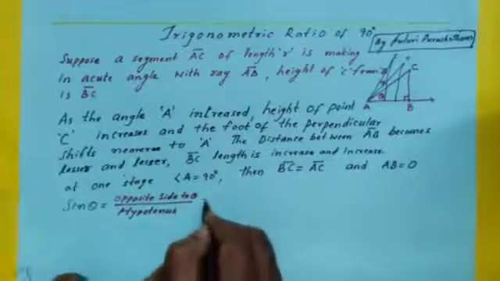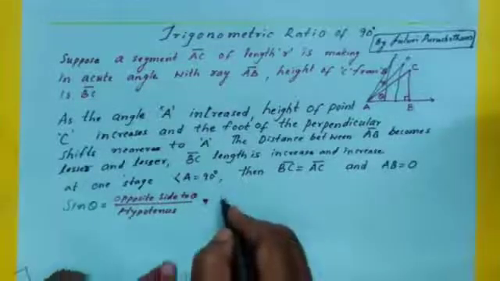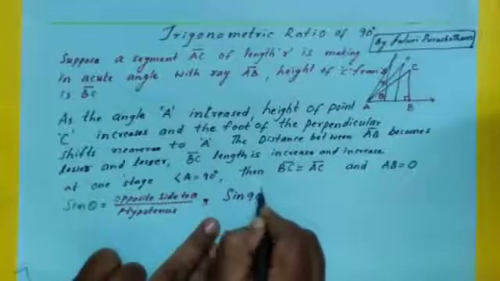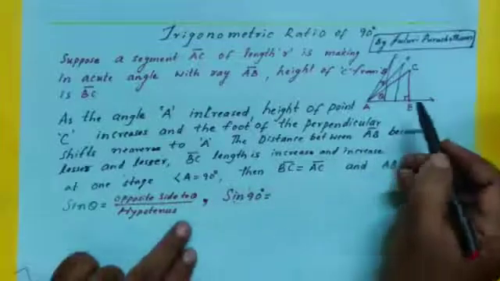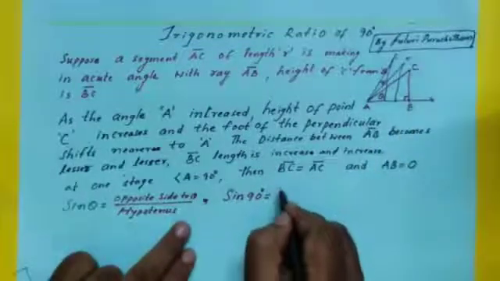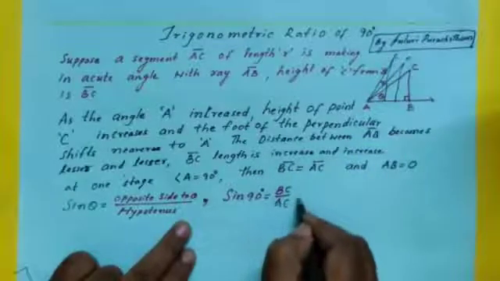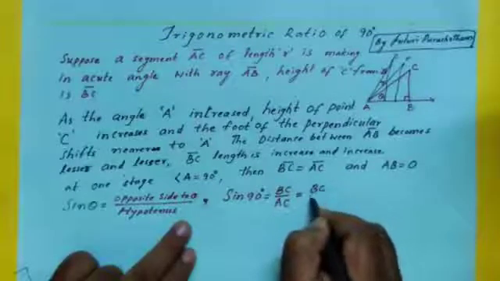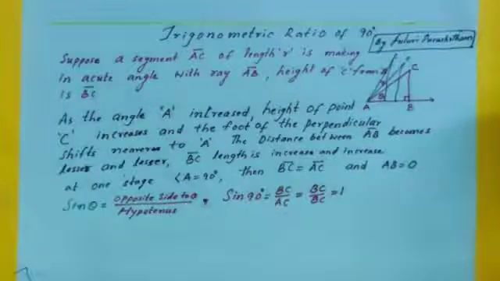Now, when I am taking sine 90 degrees, the opposite side to theta is BC. The hypotenuse is AC, but this BC and AC both are equal. That's why BC by BC equals 1. Clear?